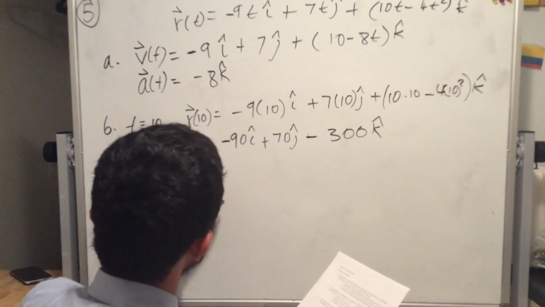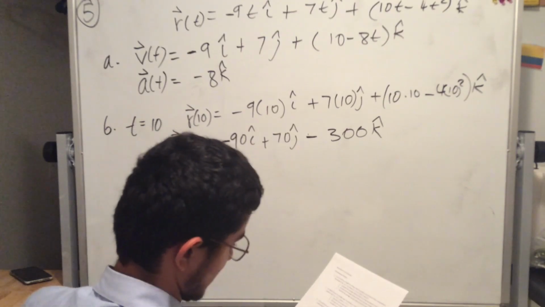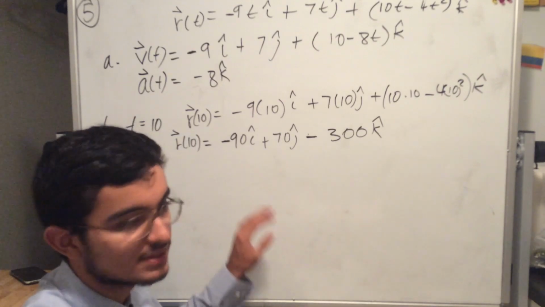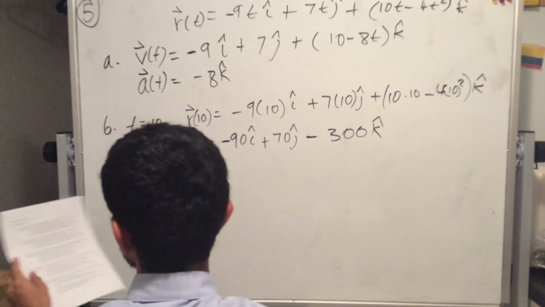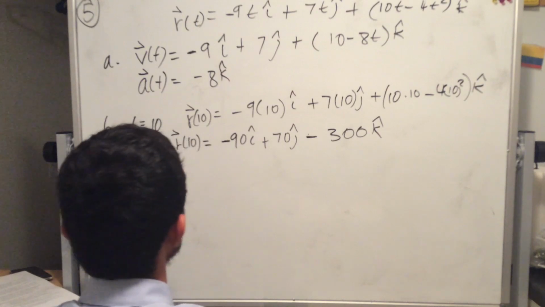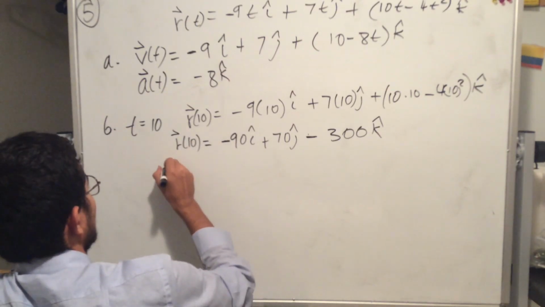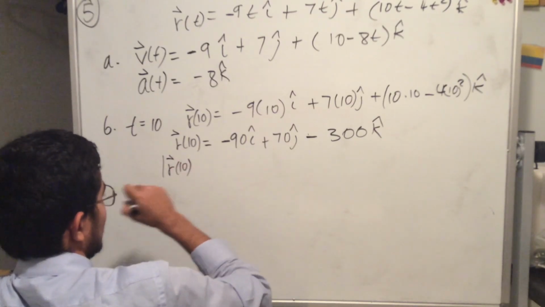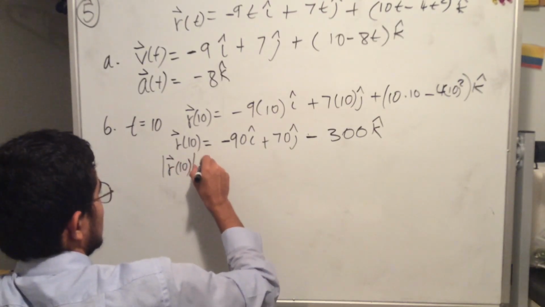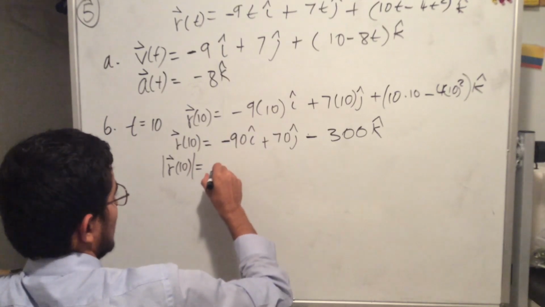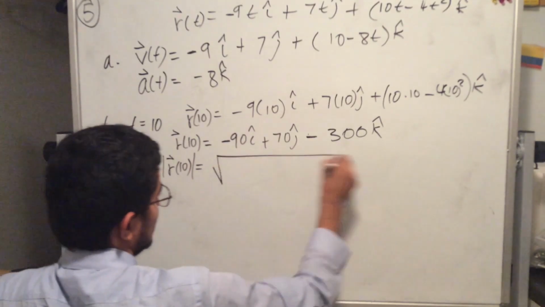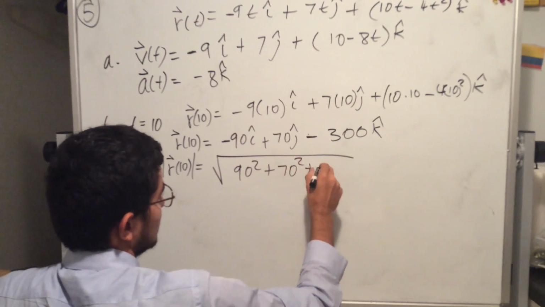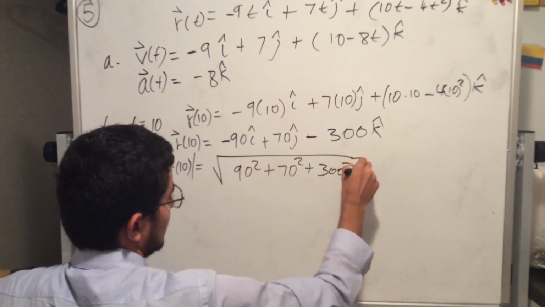But we're asked for the displacement, right? So let's go ahead and find the magnitude of this vector, evaluated at 10, to find the net displacement. Let's do Pythagoras: the square root of 90 squared plus 70 squared plus 300 squared.